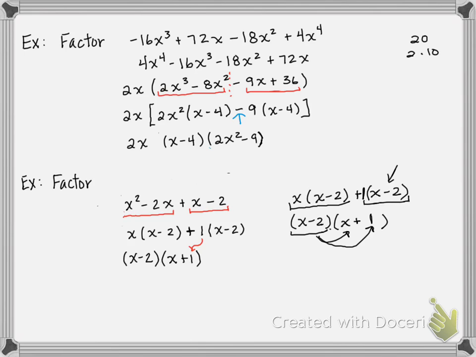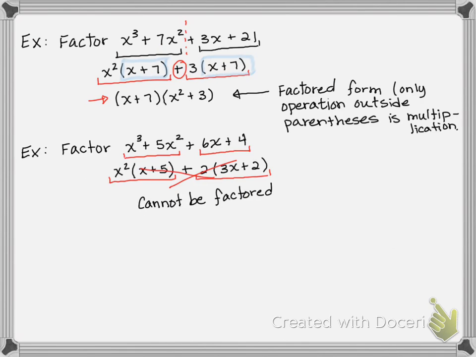Does that make more sense? Remember when we first started, I said what's in that second set of parentheses is exactly what you get if you take that factor out of both terms. So if I didn't have that factor of 1 there, I would have nothing in that second term when I take out my common factor.